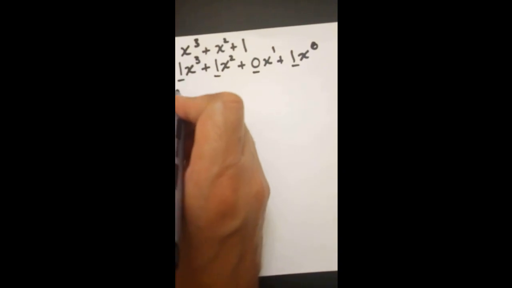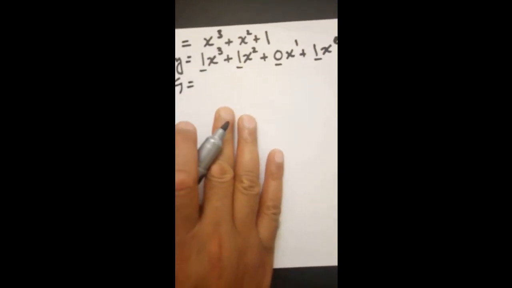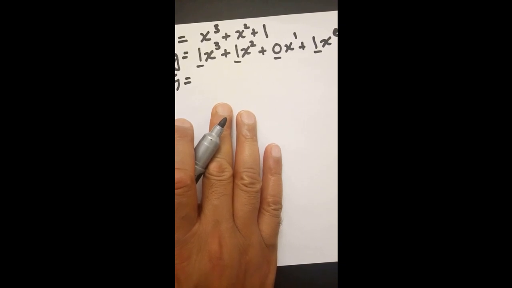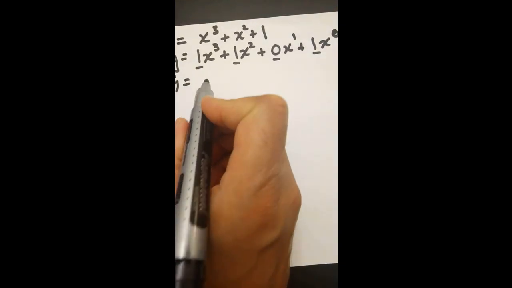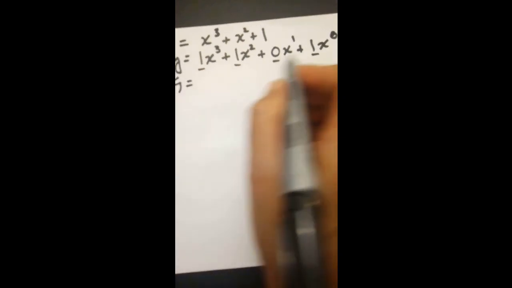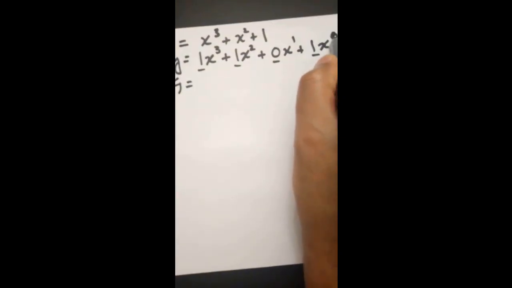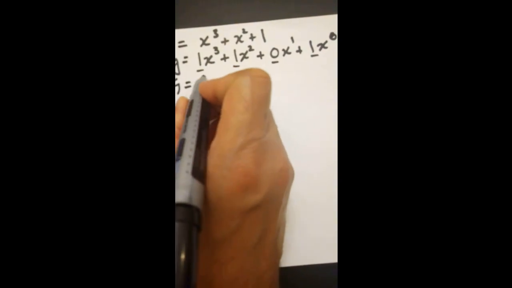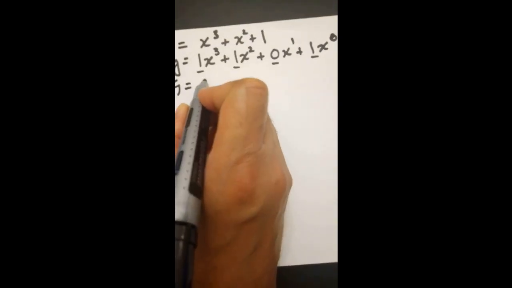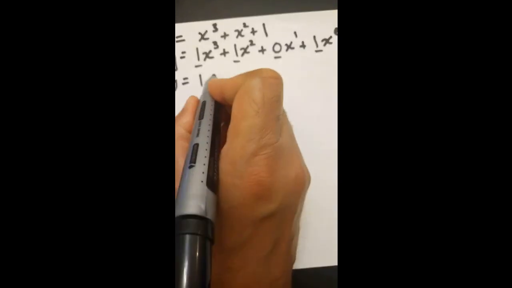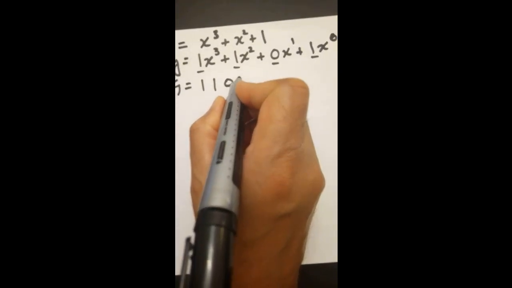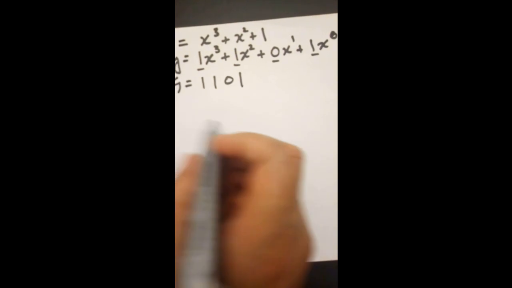So what will be the generator in binary format? It will be simply the coefficients location wise, which is given by the exponent or the power. So the generator in binary format will be 1 1 0 1. Clear? So this is the generator.